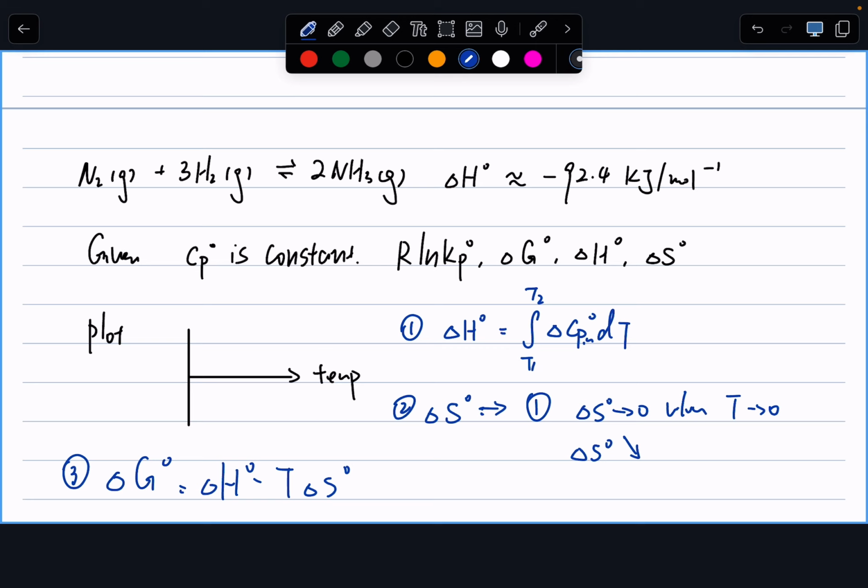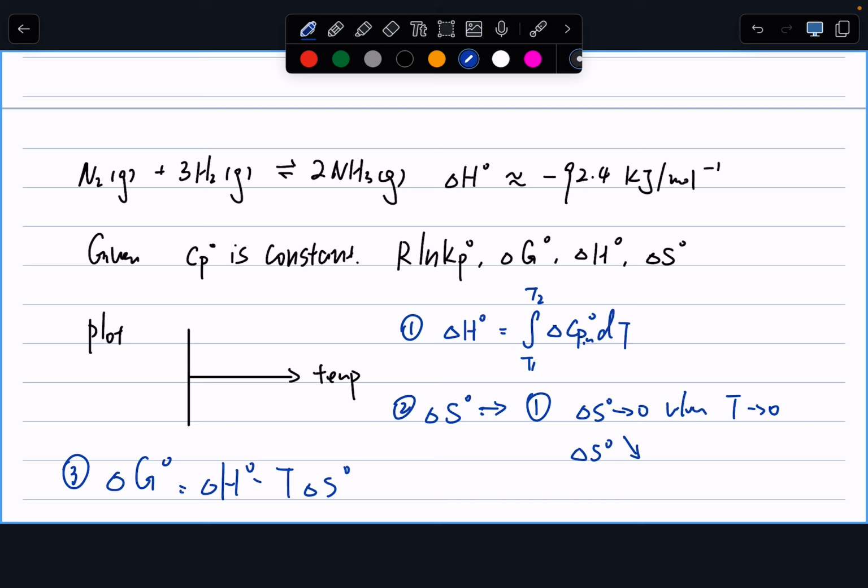Right, so when delta G at 0 K, my delta G naught equals my delta H naught, because when temperature approaches 0 Kelvin, my delta S is effectively 0, and that T delta S term becomes 0.